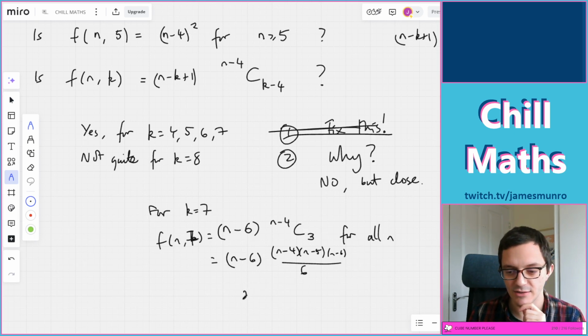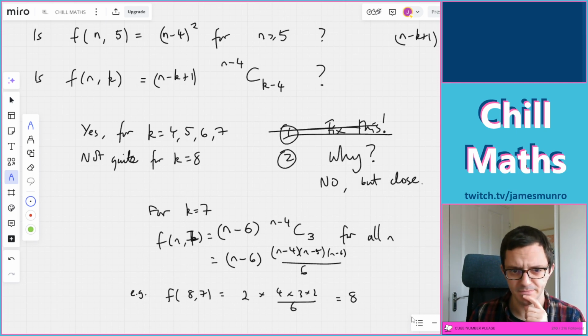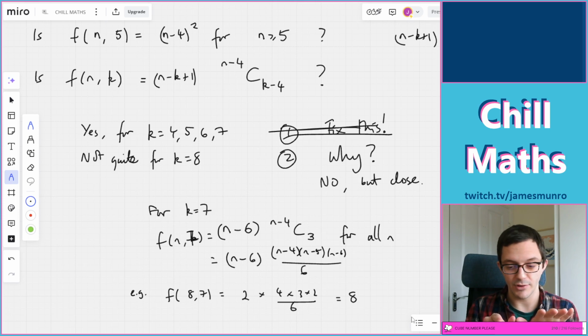If n is 8, this gives me, e.g. f of 8, 7 is 2 times 4 times 3 times 2 over 6, which is 8. Do I believe this? If you have 8 cards and you choose 7 of them, there really are 8 ways that you can get 4 in a row. I think.